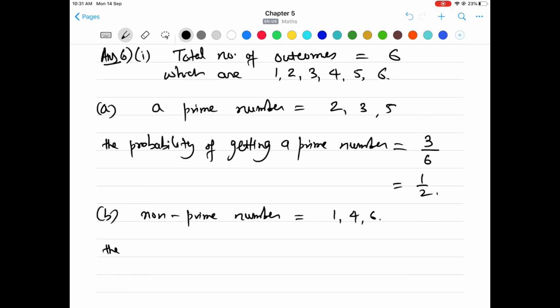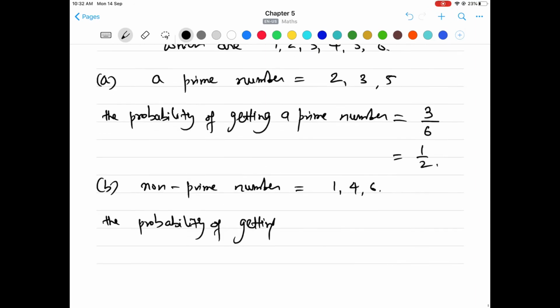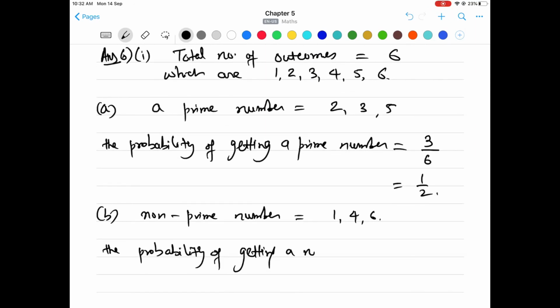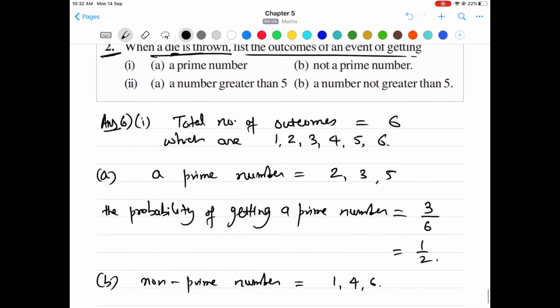Hence the probability of getting a non-prime number will be equal to, again, 3 by 6, and this will be equal to 1 by 2. Okay, so that's the answer to part 1 of this question.